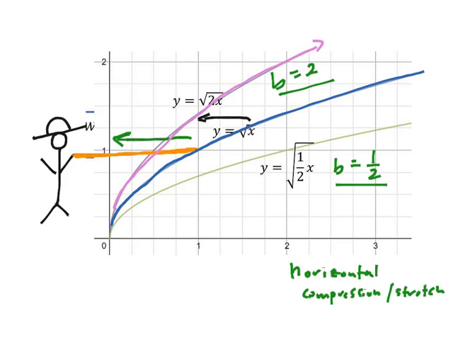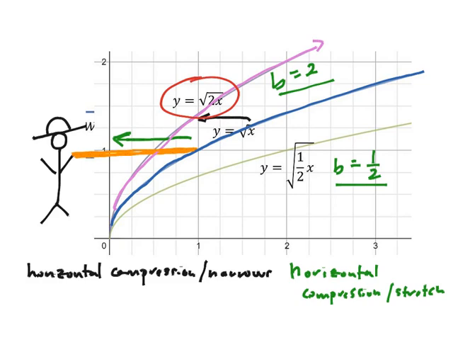So that is called a horizontal compression. Or you can say it narrows. Because his line is getting shorter right here, and it's getting compressed. So this function along with this graph, it is getting compressed.